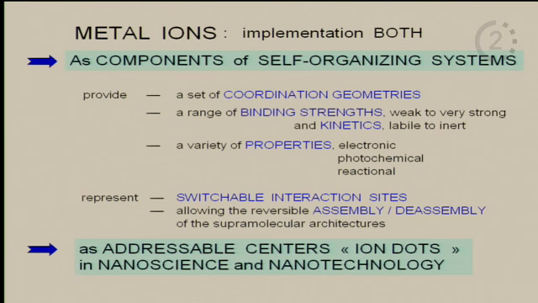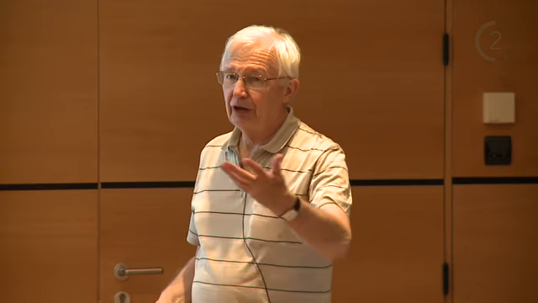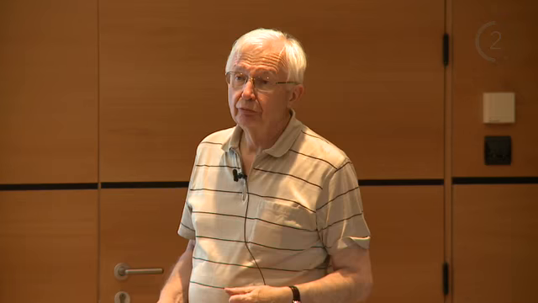However, metal ions are much more interesting in absolute terms than hydrogen bonds. They provide a set of coordination geometries. Hydrogen bonds are rather dull. They are this. Whereas metal ions have many more possibilities. A range of binding strength which is enormous, from binding potassium, let's say 5 kilocalories, 6, maybe 10 kilocalories, to ruthenium, 50, 60 kilocalories, an enormous range, in kinetics also.